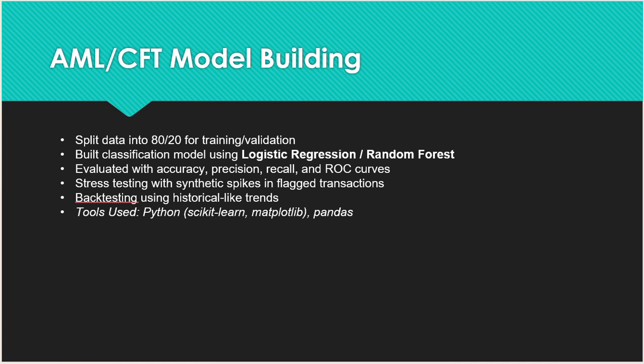We use machine learning techniques like logistic regression and random forest to predict fraudulent transactions. Then we evaluate the performance using the ROC curve, confusion matrix, precision, and recall. We use these metrics, along with accuracy, to evaluate and validate the model's performance. Once that is done, we will do the stress testing.